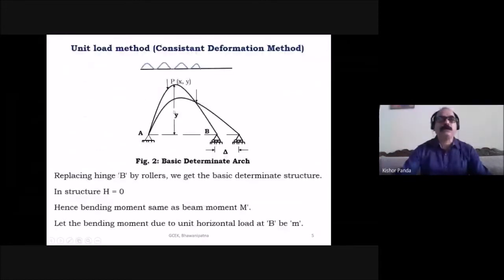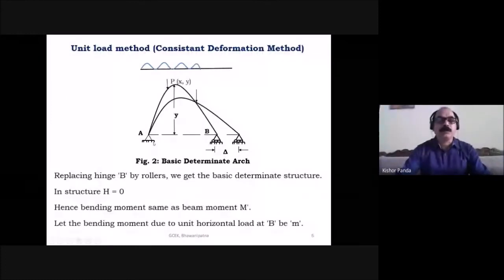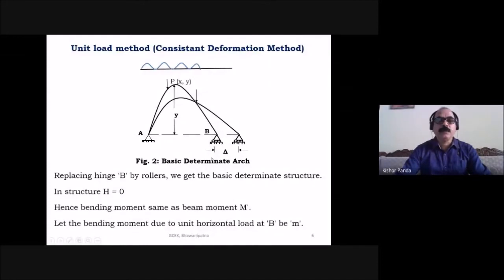Then the other method, the unit load method. Here what you have to do: B is your hinge support, A is also a hinge support, so B is replaced by a roller support. After replacing it with the roller support, is this determinate or indeterminate?